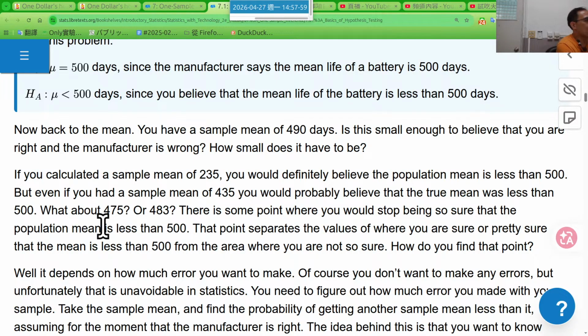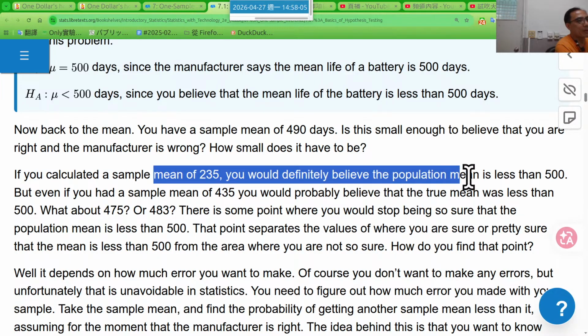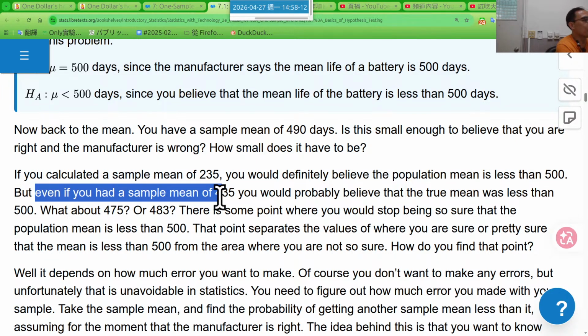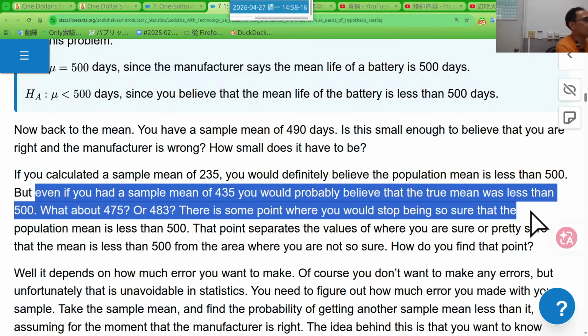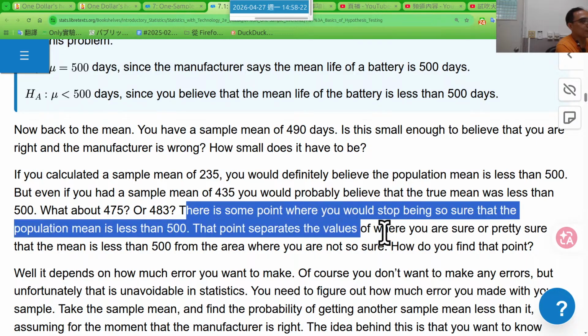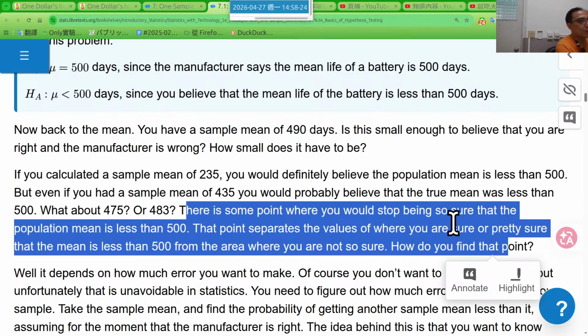If you calculated a sample mean of 235, you would definitely believe the population mean is less than 500. But even if you had a sample mean of 435, you would probably believe that the true mean is less than 500. How about 475? How about 483? There is some point where you would stop being so sure.